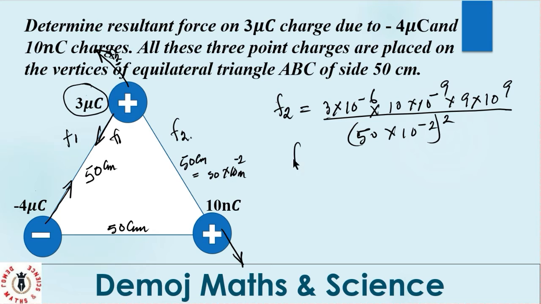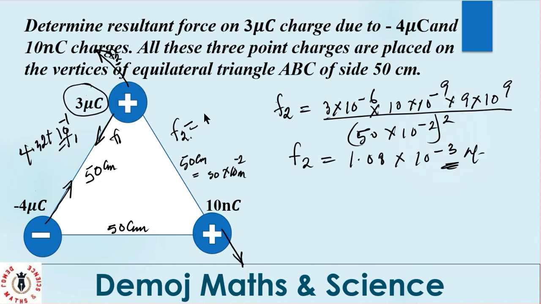So F2 will be the same thing as 1.08 times 10 raised to power minus 3 Newton. Now we have our F1 and F2. F1 is 4.32 times 10 raised to power minus 1, and F2 is 1.08 times 10 raised to power minus 3.